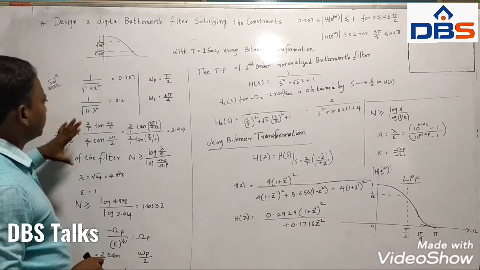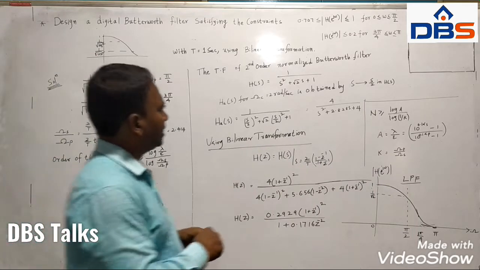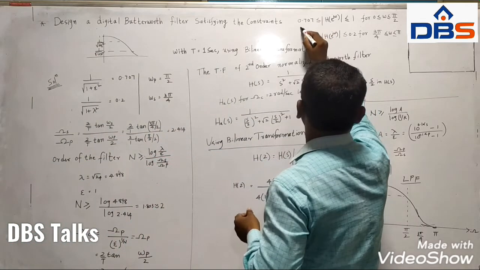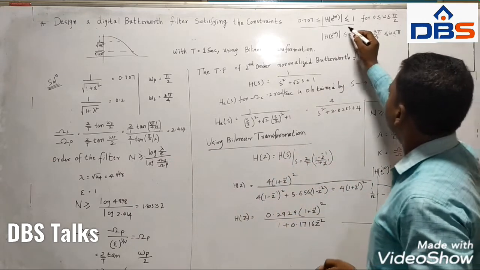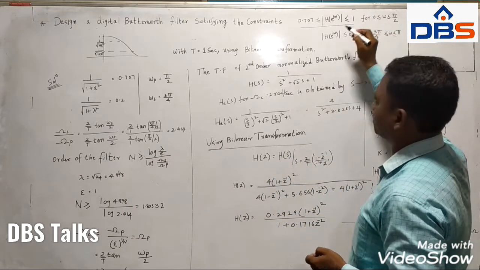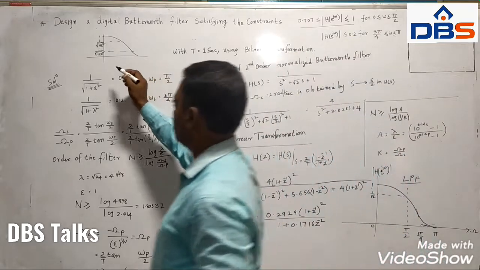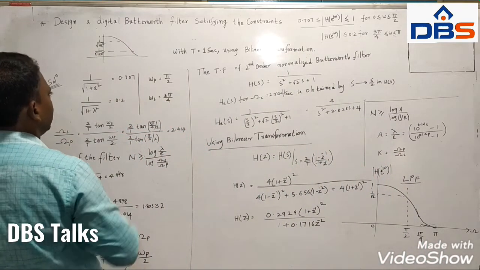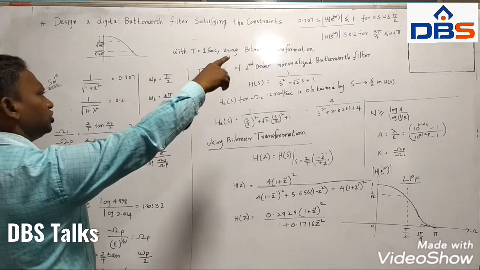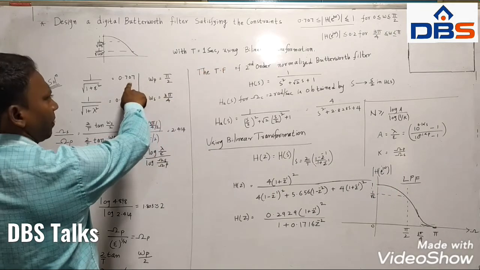Now coming to this, this is the pass band. These are the pass band characteristics from 0 to pi by 2. So the pass band parameter, 1 by under root 1 plus epsilon square, what is that value given? It is 0.707.